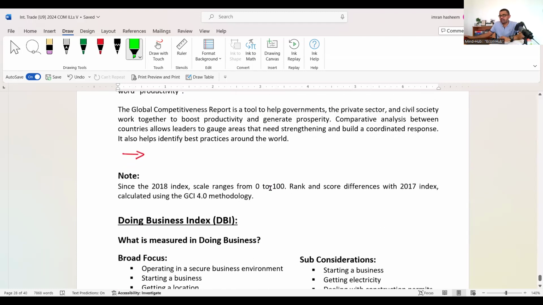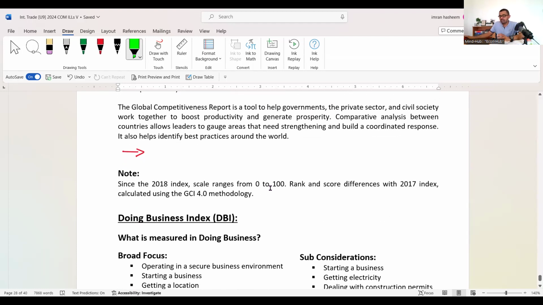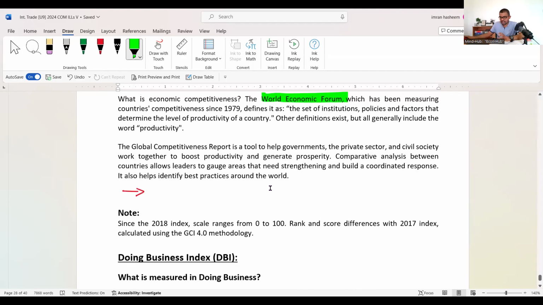What do they mainly focus on? As I have mentioned earlier, mostly they focus on how much the government helps the private sector and civil society, and how they can work together. To what level do they try to boost productivity and generate prosperity? These are the kinds of things they focus on when preparing this index.